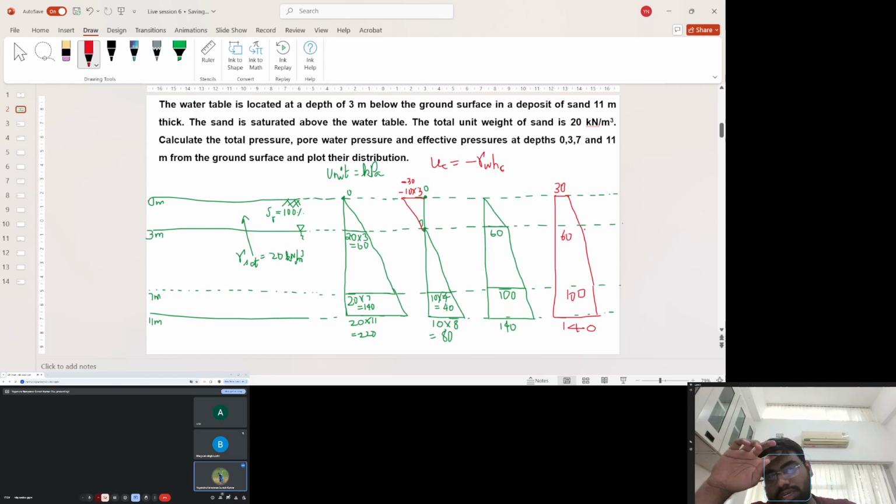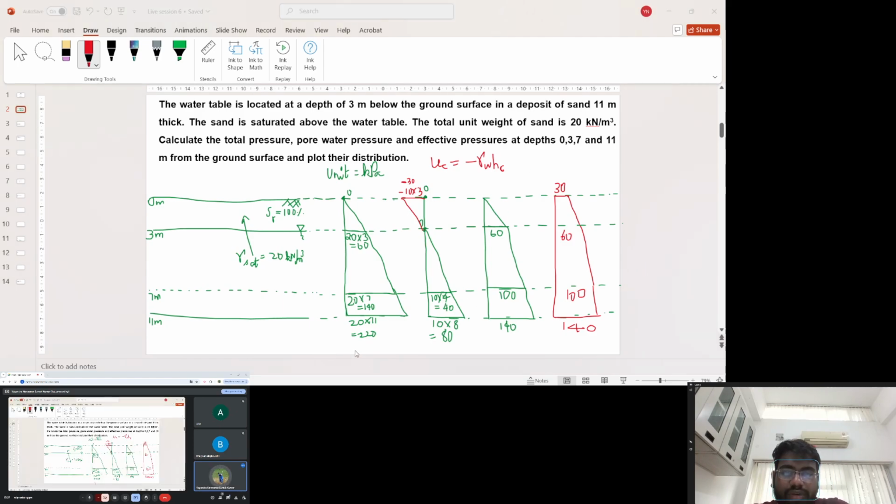So this is the difference which capillary rise causes in the effective stress on the soils. Understood? Any doubts, any clarifications, or any discussions?